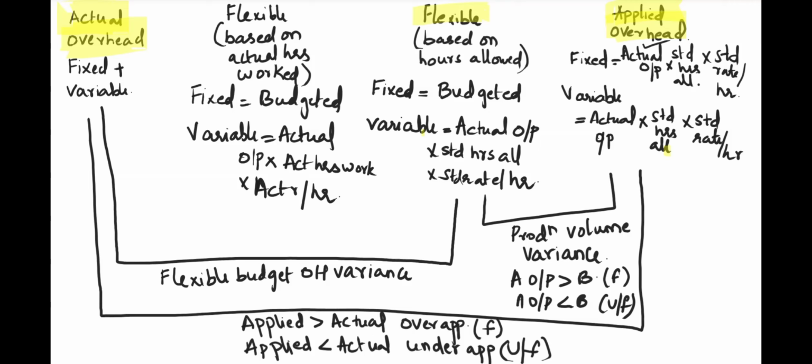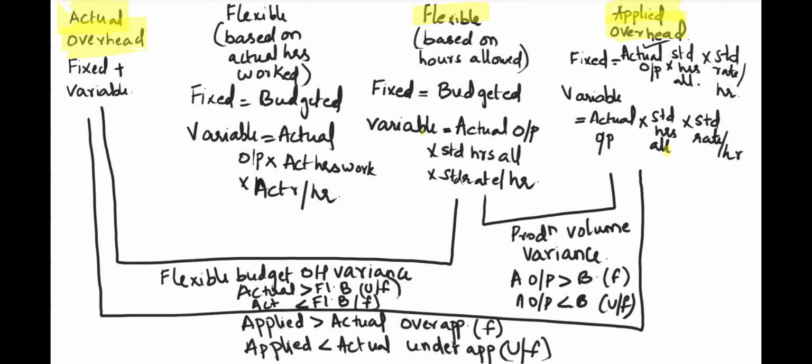If my actual costs are higher than the flexible budget, it is unfavorable. If they are lesser, it is favorable.